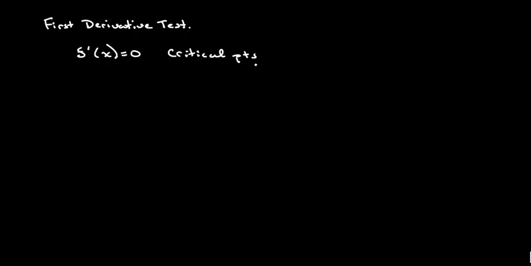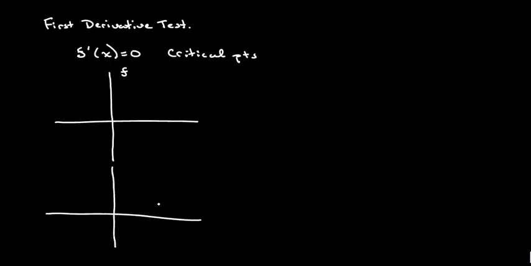Now there's a couple options that can happen here. Okay, the first thing is that it could be the case. So let's call this graph f, and then right below it I'm going to graph f prime. Okay, so one option is, let me just draw it out like this.